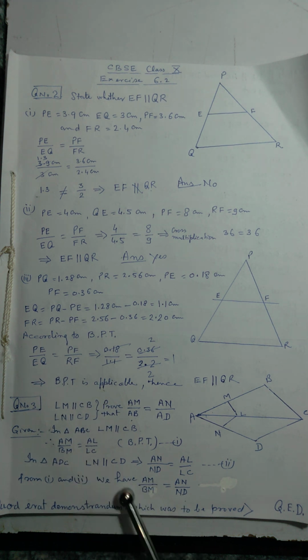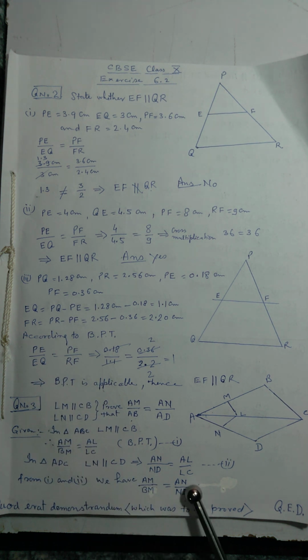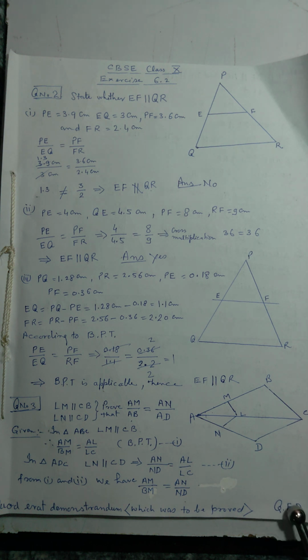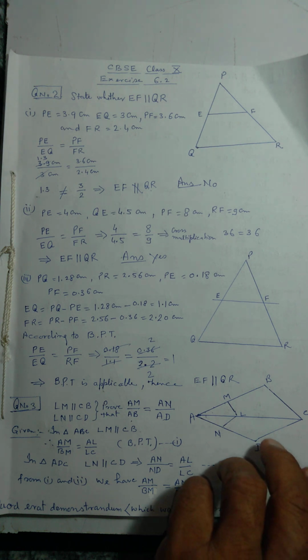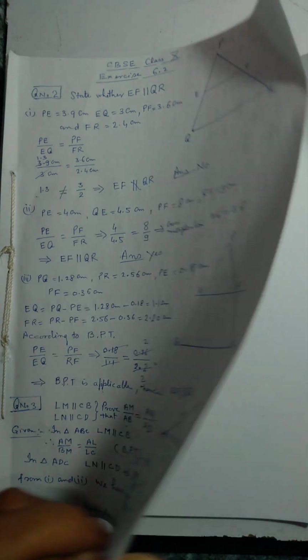So, AM by BM is equal to AN by ND. Now, QED. QED means quod erat demonstrandum, which was to be proved. This is the short form QED, and its full form is quod erat demonstrandum, which was to be proved. Now proceed to the question number 4.